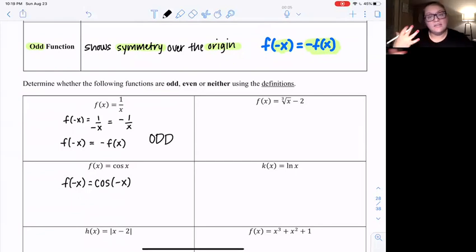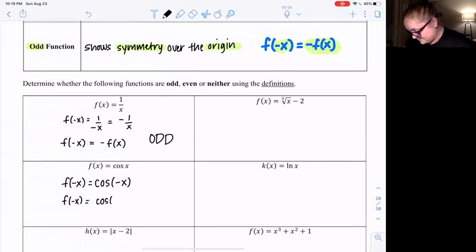Well, the negative values of x do give me the same positive values if you look at the cosine graph. And so f of negative x is actually going to be equal to positive cosine of x. And so this is the case that f of negative x was equal to the function f of x. And so this is even.